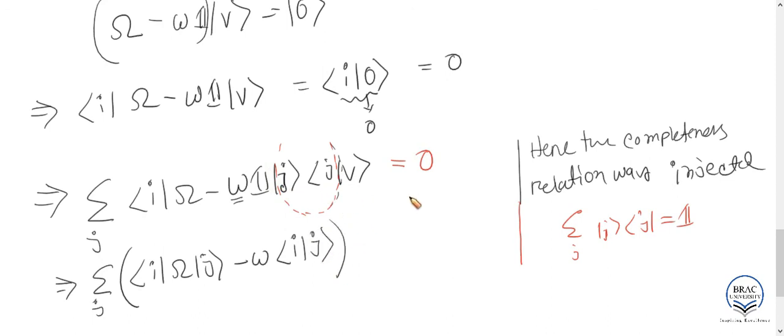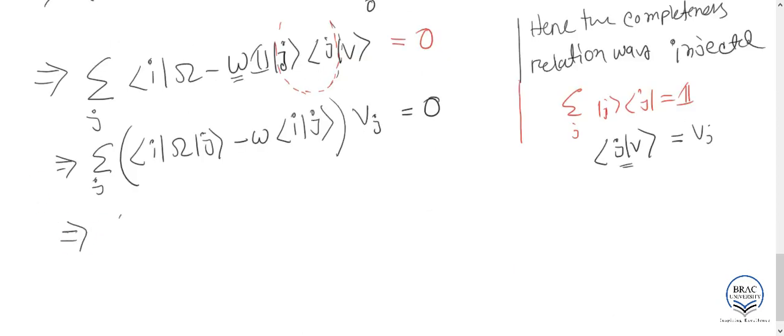And finally, recall that bra j, v is just vj, that is the component corresponding to the j basis itself. So this is vj, and finally you have 0.